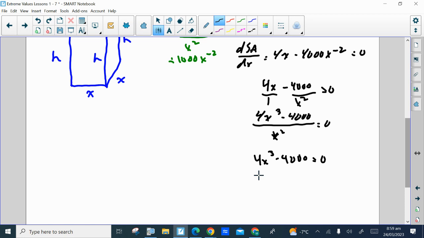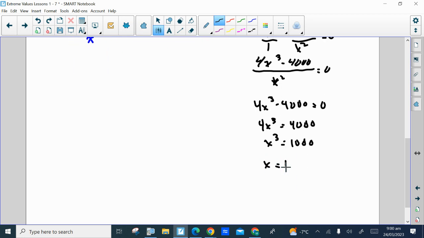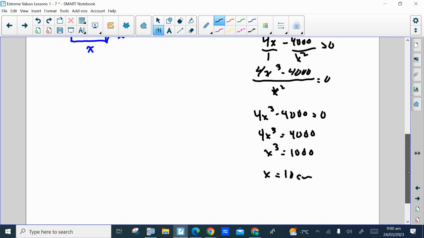And then we can solve for x by adding the 4,000 to both sides, dividing by 4. So x cubed will equal 1,000. And then taking the cube root of both sides, x will equal 10. And that'll be 10 centimeters.